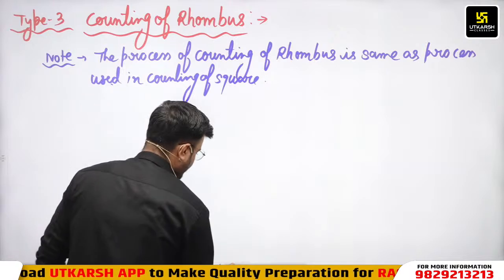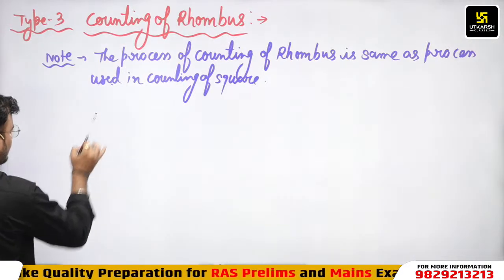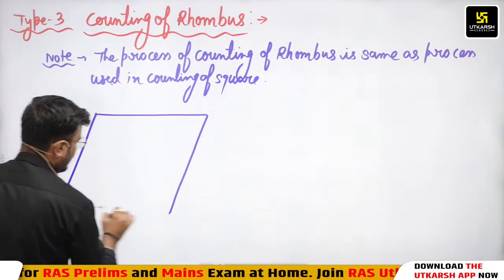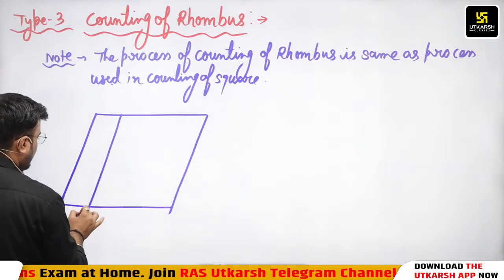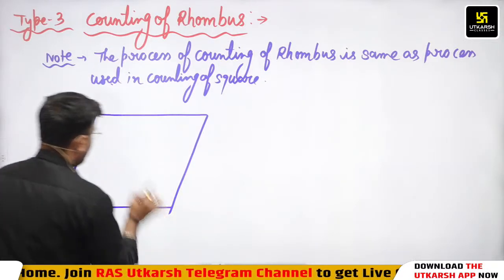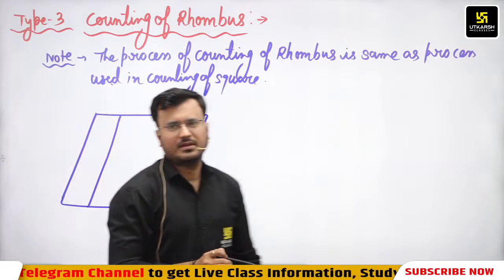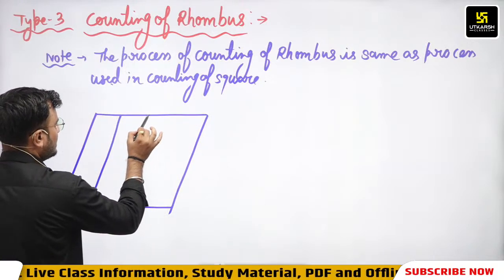So now if the examiner asks how many rhombus are there in this figure, the first thing you need to observe is that this time I tilted this figure. Otherwise you will get squares.